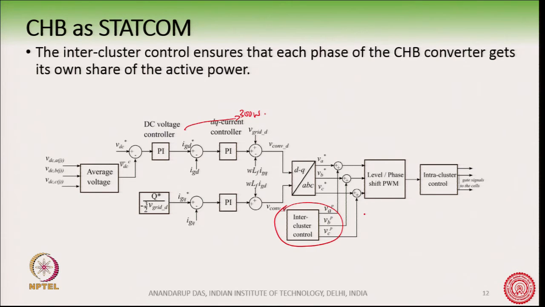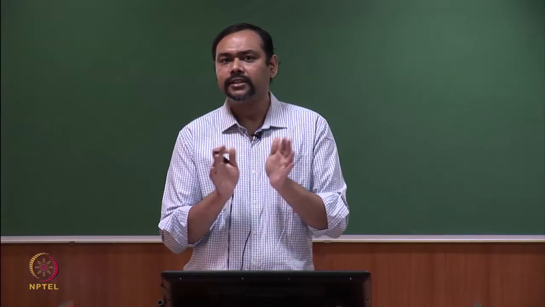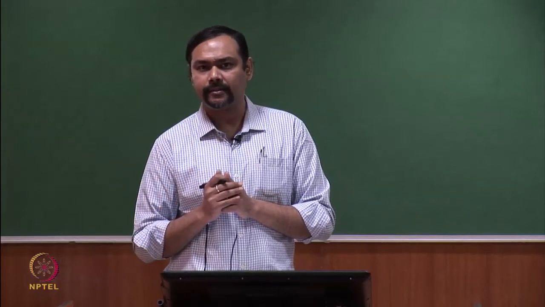But it may happen that one of the phases has more loss, so the total loss of phase A can be more than the total loss of phase B. Why? Because you may have an old device, or a device which has a different heat sink, different heat radiation. So, the losses are different in all the 3 phases.